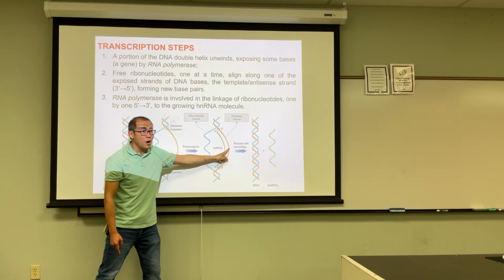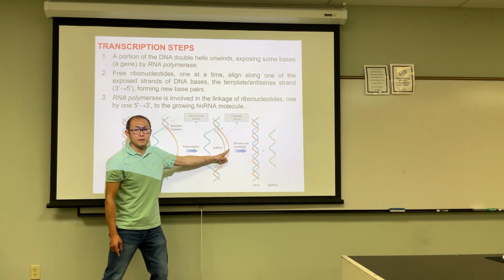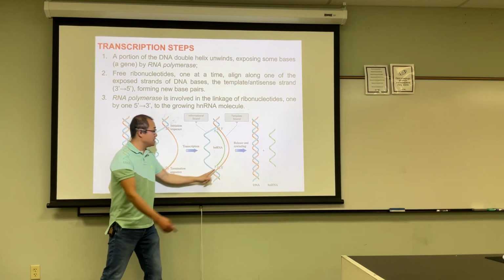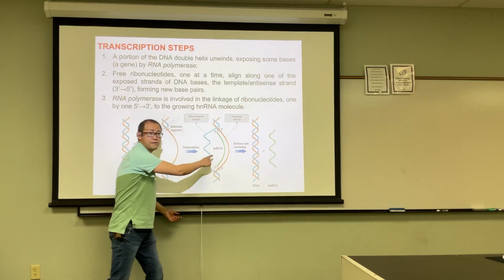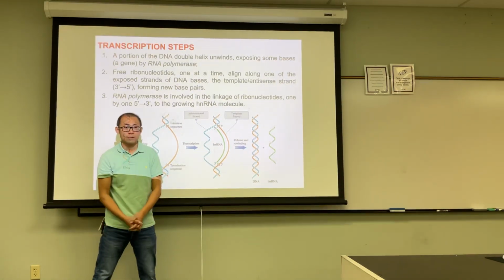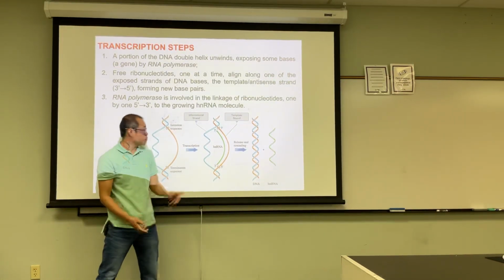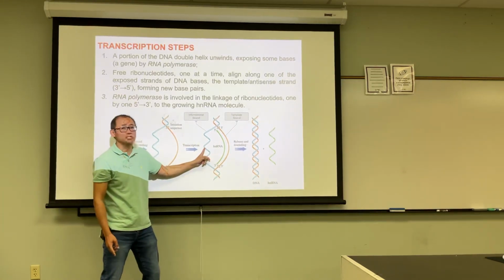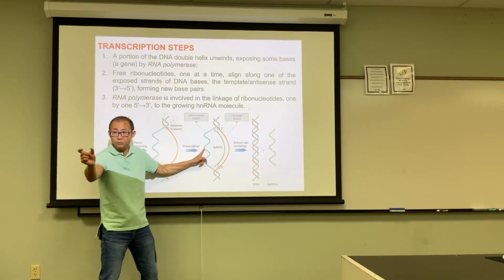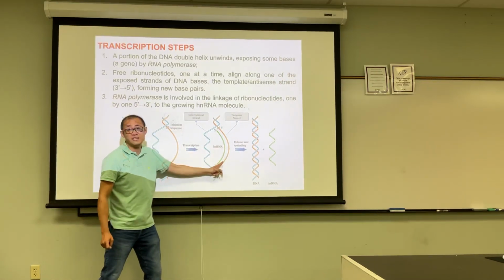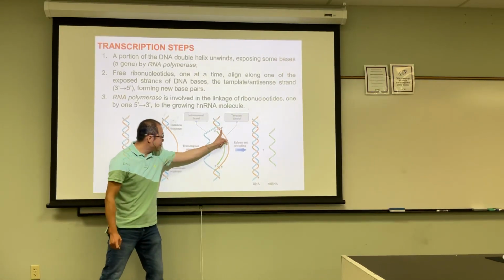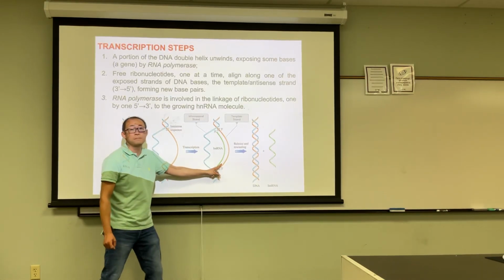Okay, that is why we call this step transcription. What does transcription mean? Copy. What information is copied? The information in here is copied to the RNA. They should have the same sequence, except T is replaced with U. But the sequence of these two should be the same, because they're both made with that template.